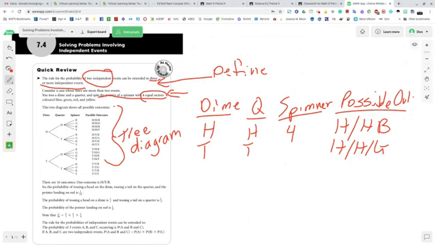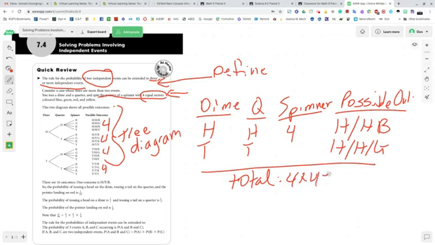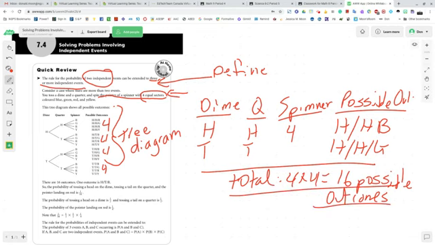So in total, when we're all said and done, there are four possible outcomes for each one. So 1, 2, 3, 4. So then I would multiply 4 times 4, which is going to give me 16 possible outcomes for each one of those events, okay?